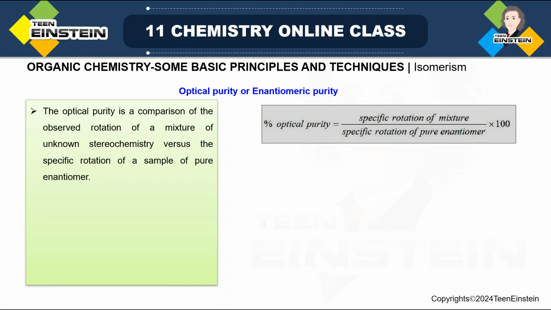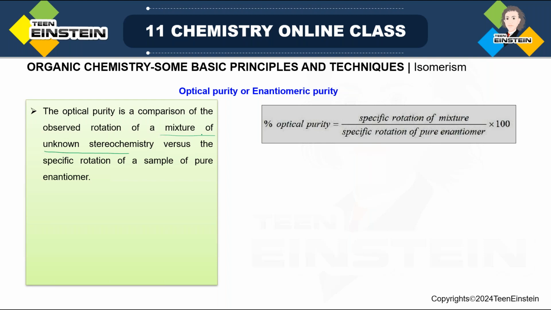So optical purity is a comparison of the observed rotation of a mixture of unknown stereochemistry. So suppose you have a mixture of more than one compound and you do not know its stereochemistry. That means you do not know whether it is the R or S isomer, which enantiomer is present, or their percentage.